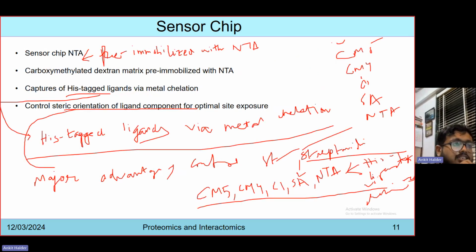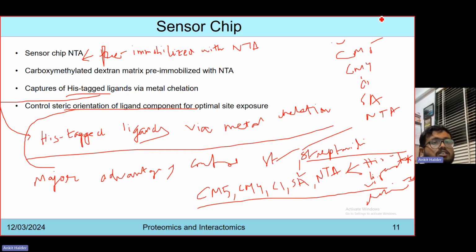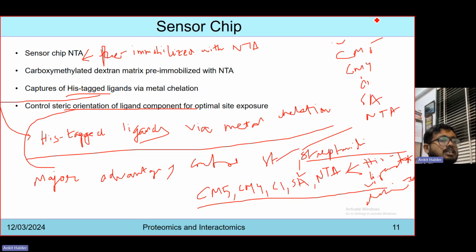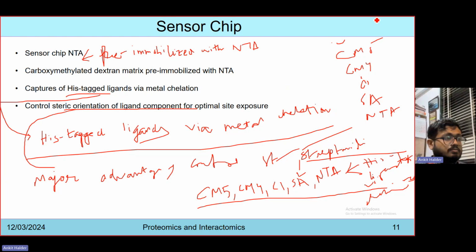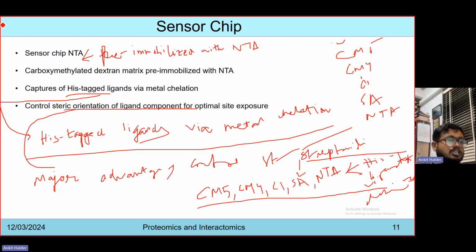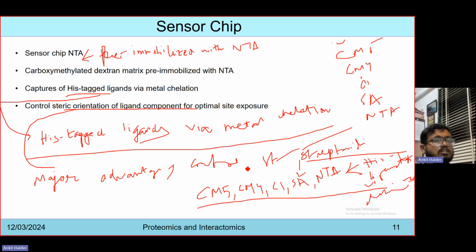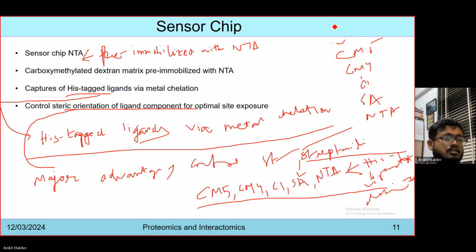Similarly, the NTA is immobilized with the NTA and can be used for the histag ligands with the metal solution, and it controls the steric orientation for optimal site exposure.